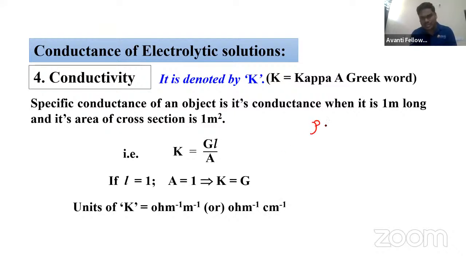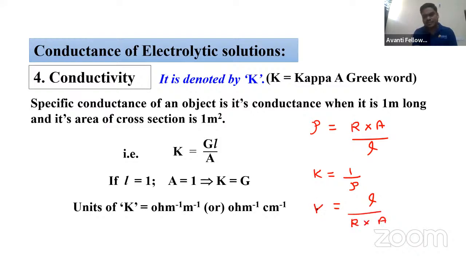We know that rho is equal to R into A by L, right? This is the formula of resistivity. So we can say conductivity is equal to 1 upon rho. So 1 upon rho means what? That is L divided by R into A. So this is the formula for conductivity.